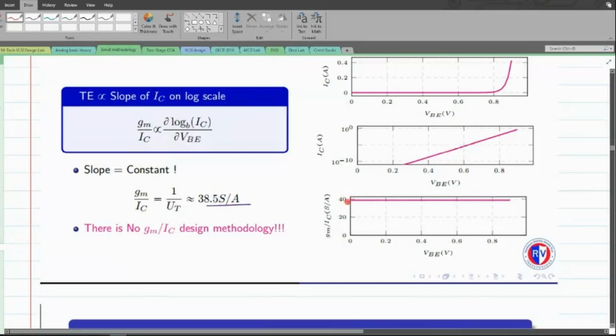So whenever it is constant, how can I predict the value of this IC? This IC is supposed to have an exponential relation to our VBE, is what it told us. So whenever gm over IC is constant, it says that the current in general depends exponentially on the control input. That is what it conveyed in our BJT.